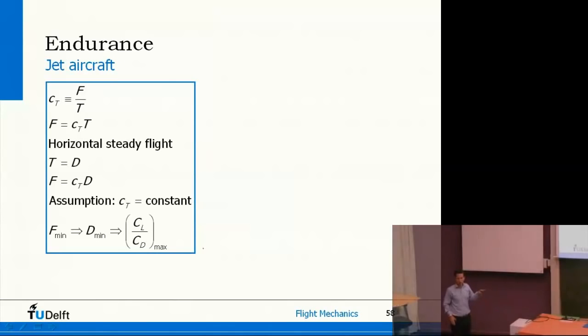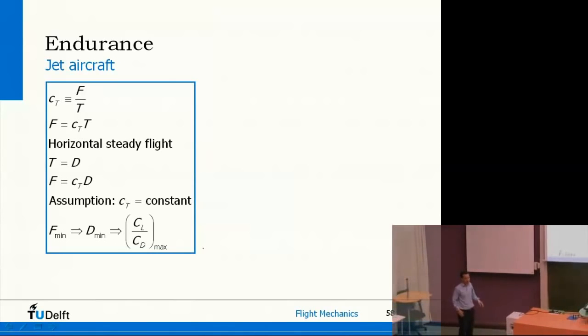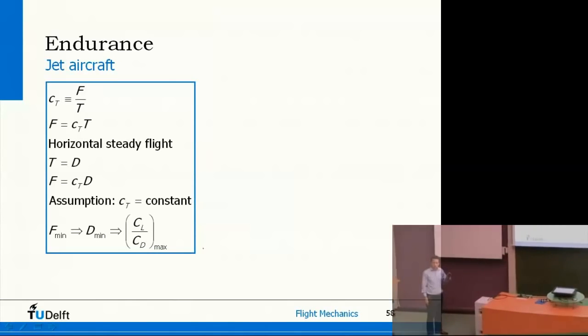And I realize you see a lot of equations coming by, but you should realize that every time I'm taking exactly the same steps, and I'm doing exactly the same thing for each performance problem. So in order to minimize fuel flow, we have this equation for fuel flow for a jet aircraft, which depends on the thrust-specific fuel consumption multiplied with the actual thrust of the aircraft.